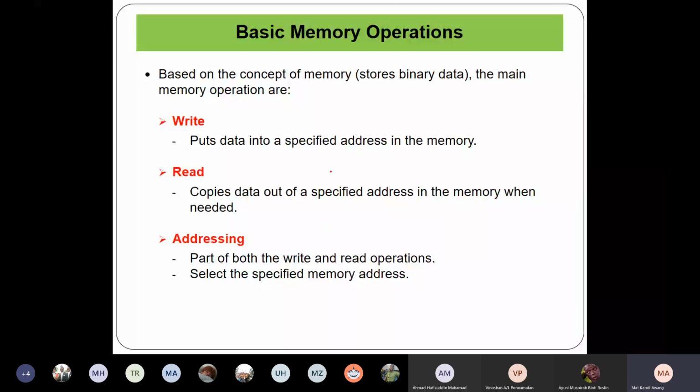But as a user of a computer, you don't need to know that. Within that application, it has these addressing operations in order to read and write the data to the storage.